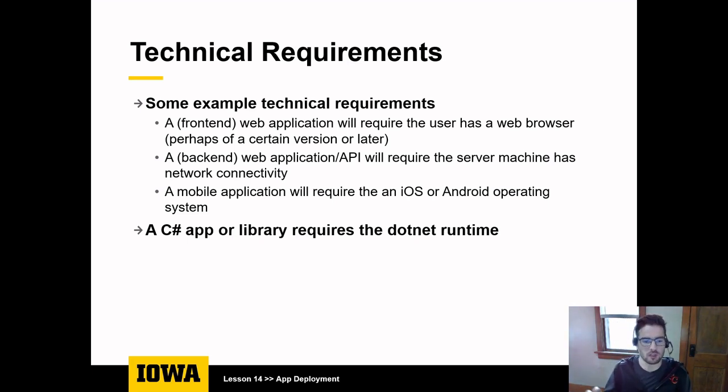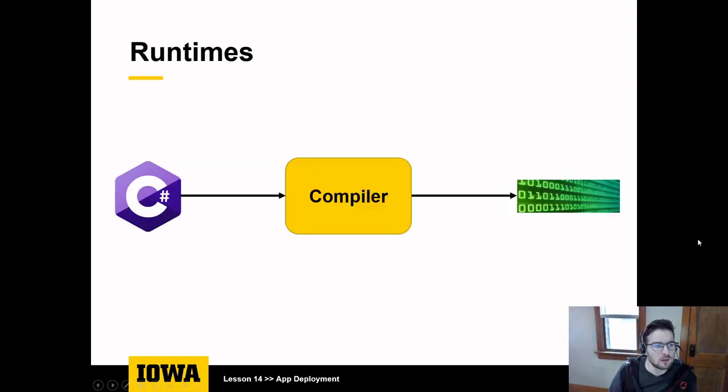So we're going to talk a little bit about that. Earlier in the semester, when talking about third-party libraries, I think I said something along the lines of your C# code gets read in by a compiler, and the compiler transforms the code into binary, or a series of ones and zeros, and the underlying computer reads that binary, and that's how your app is executed.